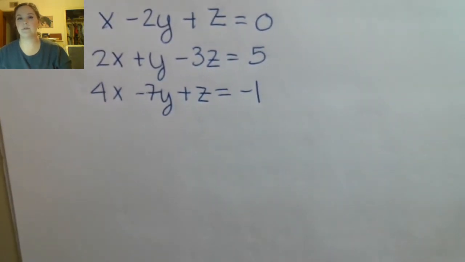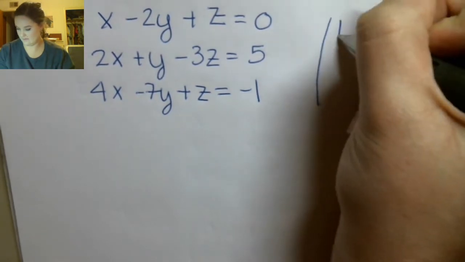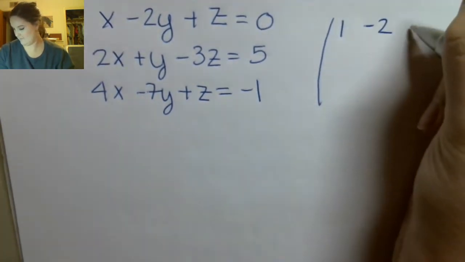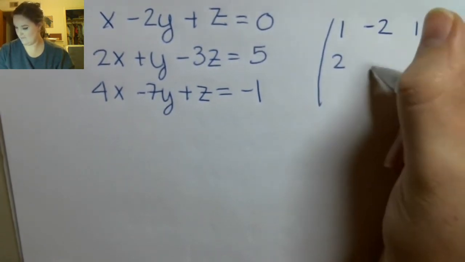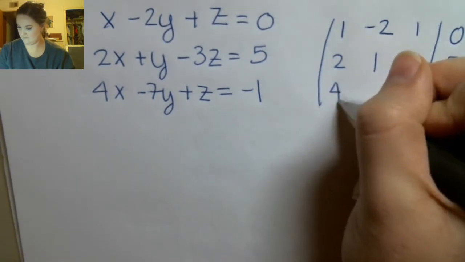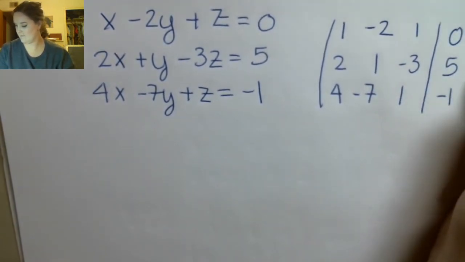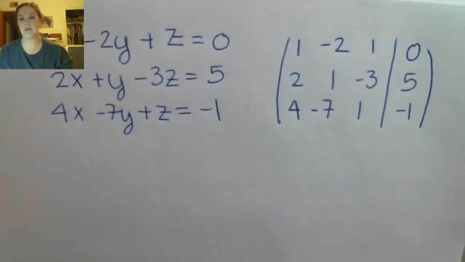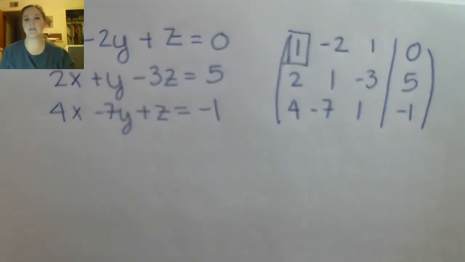Here you go. So the first thing we're going to do is form our augmented matrix. And we're going to start in the top left corner as always.